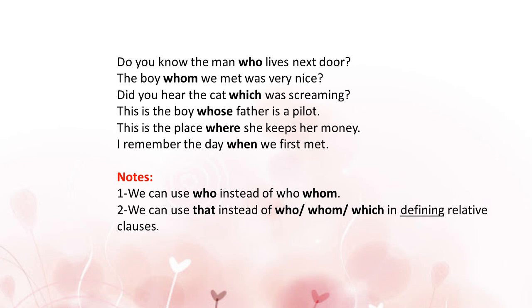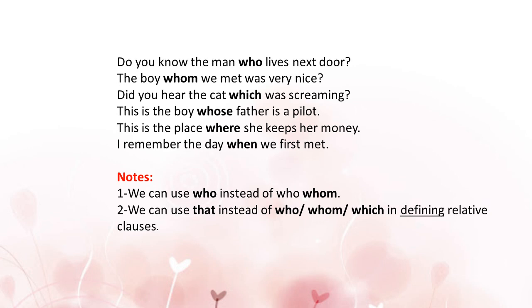Here you have some notes. Number one, we can use who instead of who or whom. So I told you that who, we can use it for subject and object. We can use who instead of whom. So who for subject and object, but whom only for object.